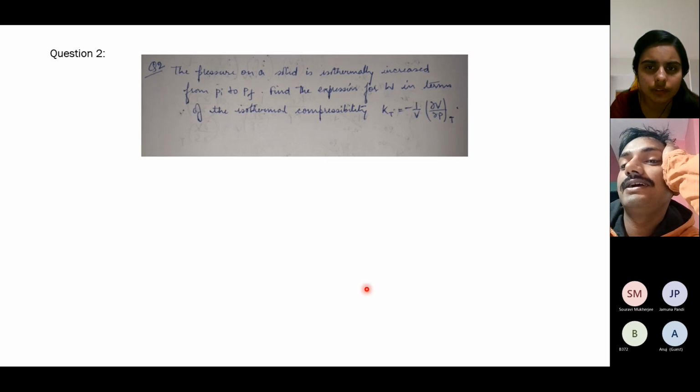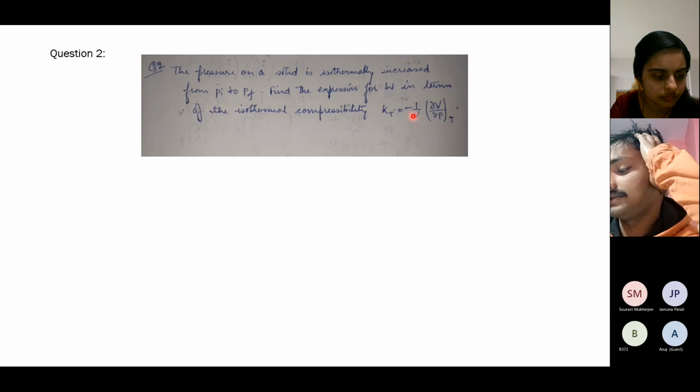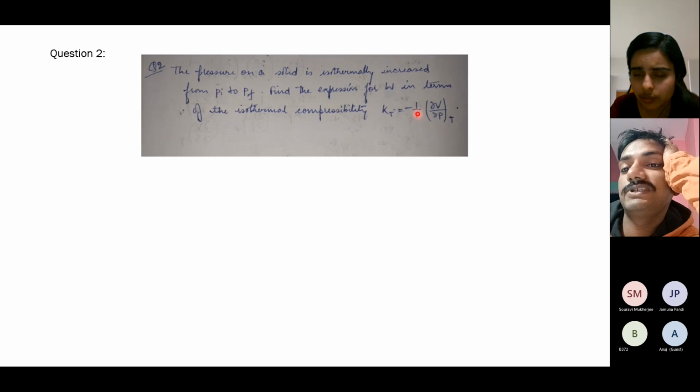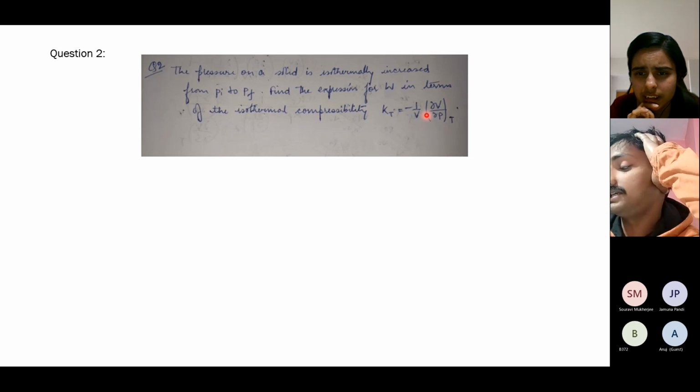And the expression is PdV equal to minus kappa T V dP.